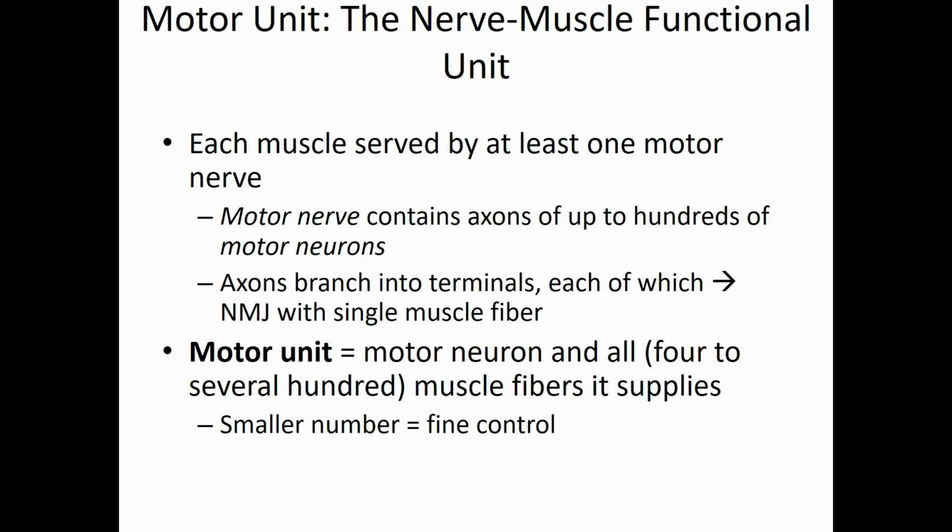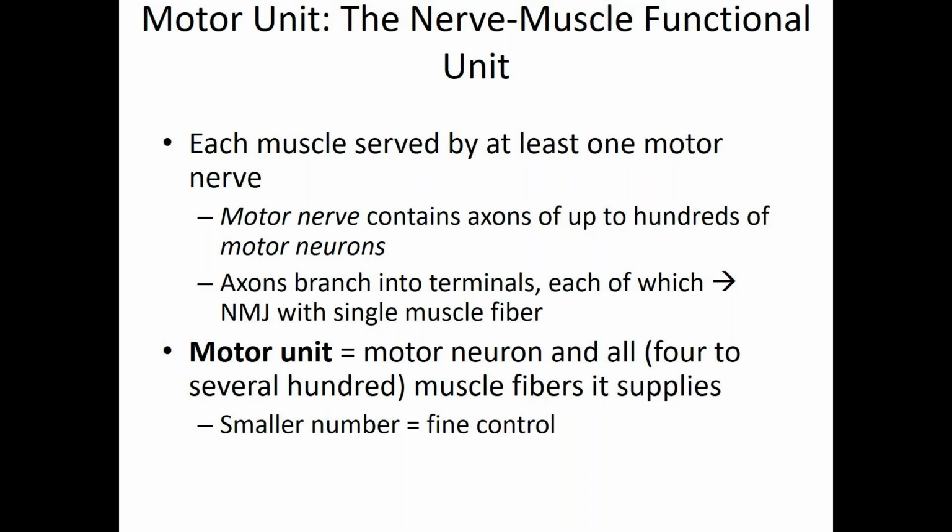So imagine you've got a muscle with 100 fibers. If you have 2 motor units, and each of those motor units controls 50 of those fibers, your only choices are 0% contraction, 50% contraction, or 100% contraction, because you can only have one neuron or both neurons or neither neuron.